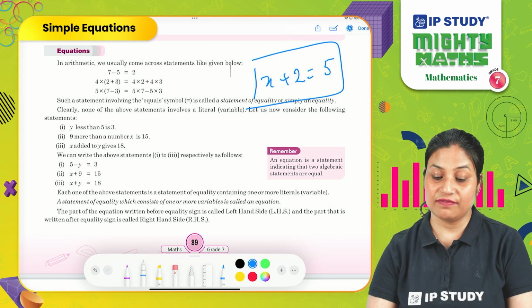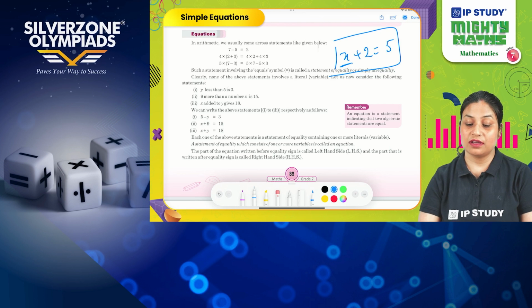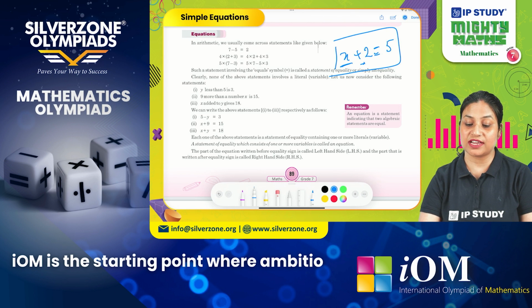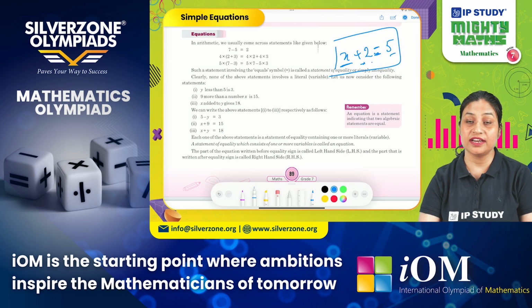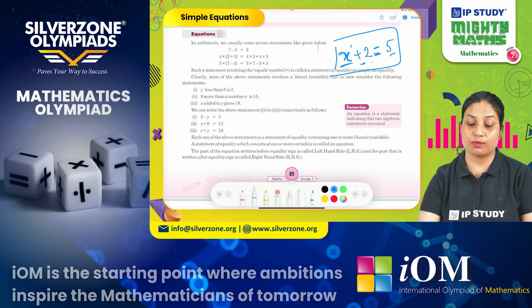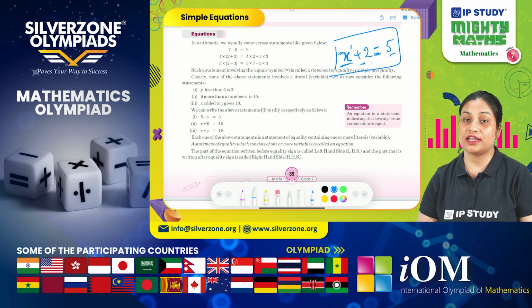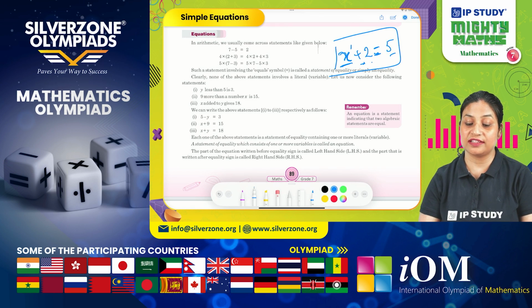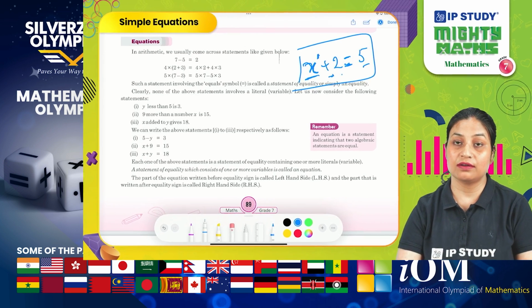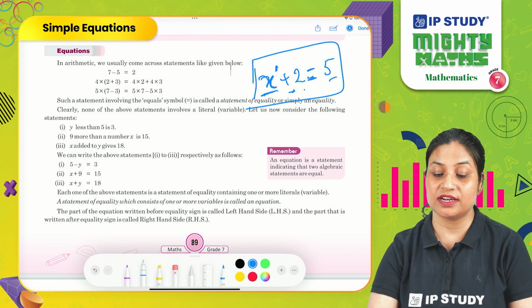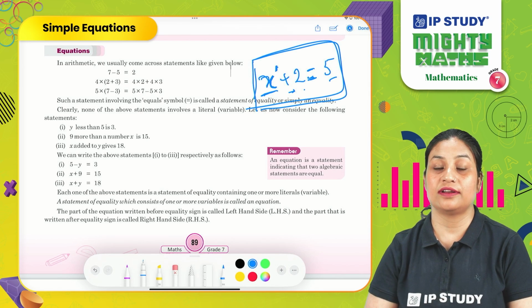Here we can see we have a variable over here, we have an operator, and on both sides of this equal sign we have numbers, right? So the degree of this variable is 1, right? So whenever we are dealing with an equation like this, having highest degree 1 on any variable, we call it a linear equation, right?